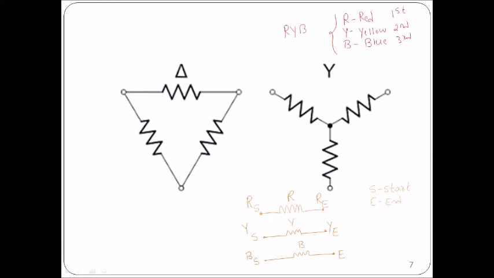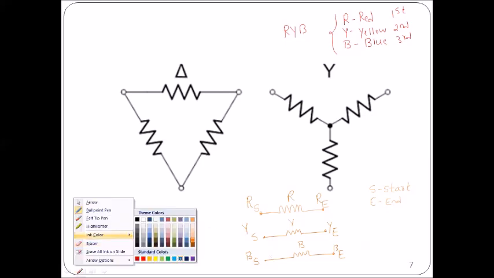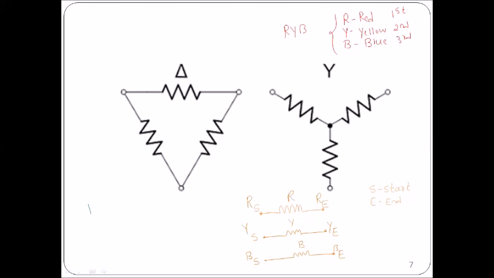This is BS, BE. So please pay attention to how we have written the notations: R suffix S and R suffix E, Y suffix S, Y suffix E, then BS, BE. Okay, so this is the way to write down the terminals.